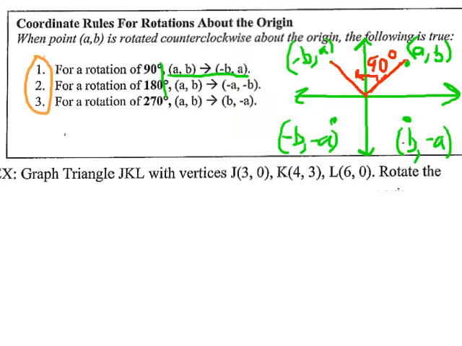Negative BA is exactly a 90 degree rotation. We can keep going around. This is another 90, so that's 180. This is another 90, so that's 270. Then of course 360 puts you back in the same place. So this one would be 270 degrees if we started at AB and went all the way around. That's all these coordinate rules do. It just moves the point around the graph.